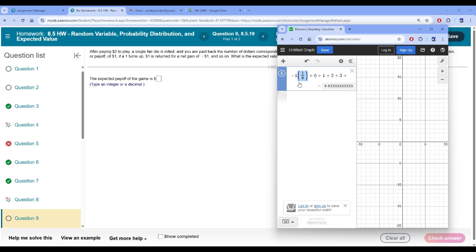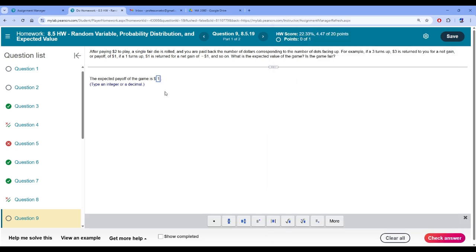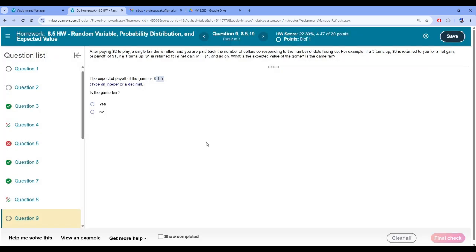Because there's a sixth of a chance to win for each of them. I'm expected to win 1.5. Nice. Is the game fair? No, because you're expecting to lose 50 cents.